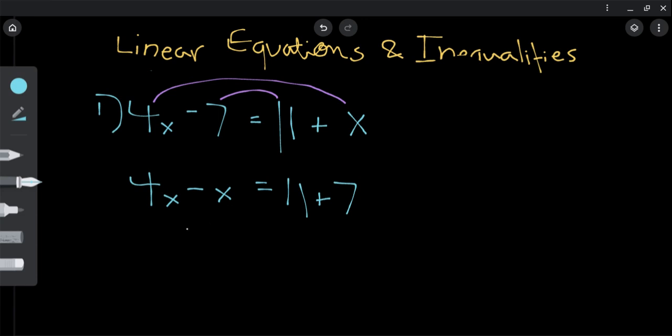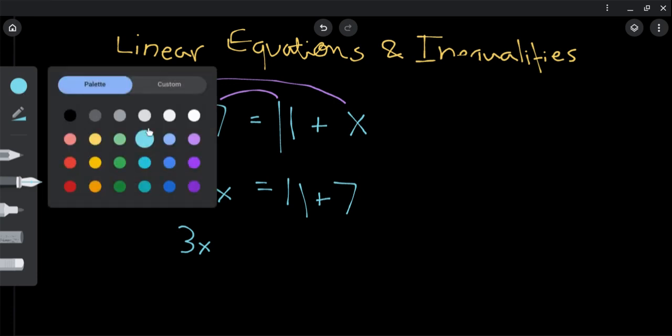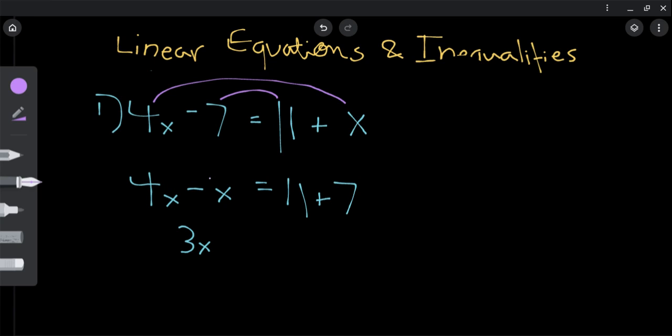So 4x minus x is 3x, because always remember that there is a little imaginary 1 when you don't see a number. Like if there's a fraction and there's no denominator, you have to make the number a fraction, and the denominator is automatically 1. If you see a variable and there's no coefficient, the coefficient is automatically 1.